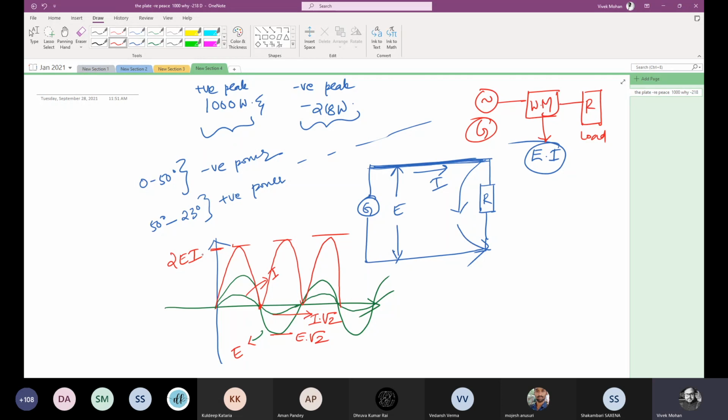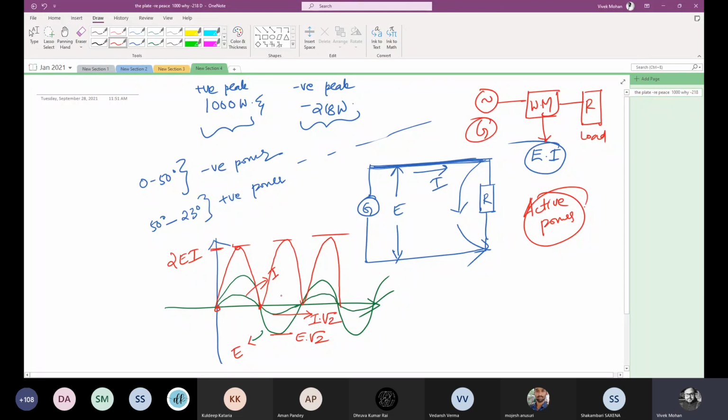The fact that the power is always positive reveals that it always flows from the generator to the resistor. This is one of the basic properties of active power. Although it pulsates between 0 and maximum, it does not go to the negative side.